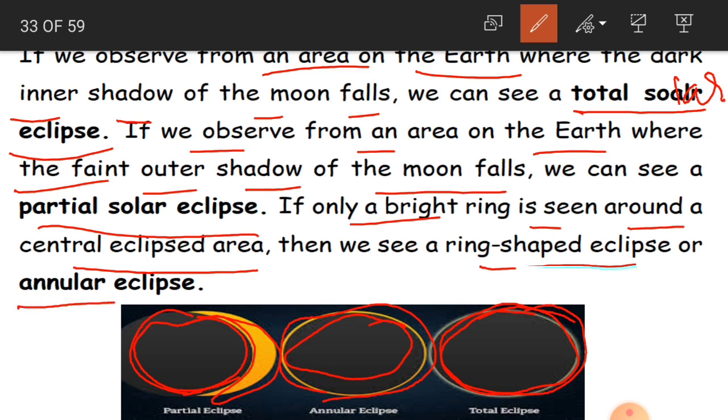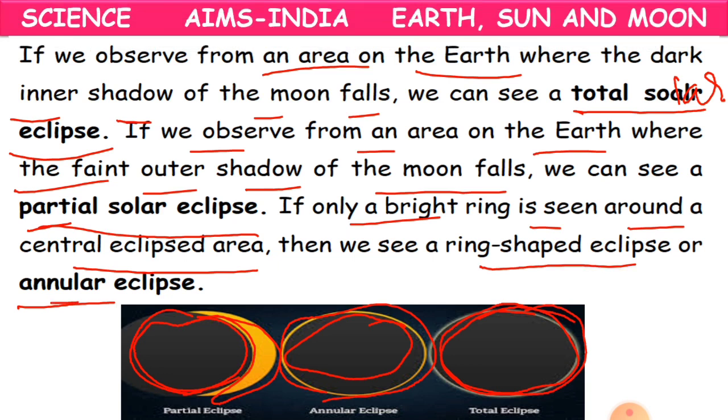We call it this if there is a bright light in the shape of a ring, in a circular shape. Clear children? So like this you will have three types of eclipse: one is total solar eclipse, the other one is partial solar eclipse, and the other one is annular eclipse or ring shaped eclipse.